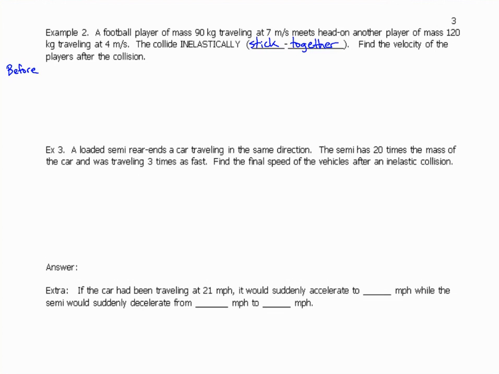Now, a football player is a person. In physics, we just treat them like objects, and really there's no need to make your picture overly complicated. So here is your player of mass 90 kilograms, and he is traveling at 7 meters per second.